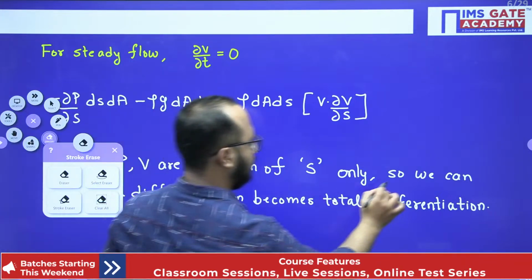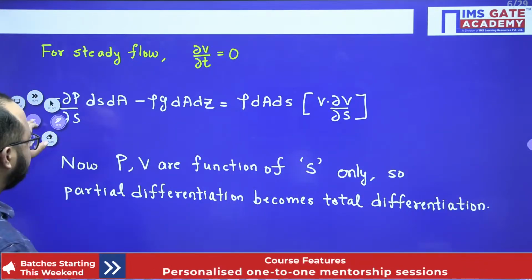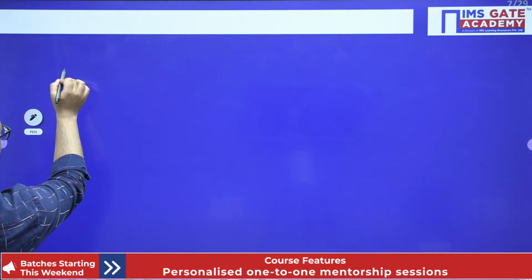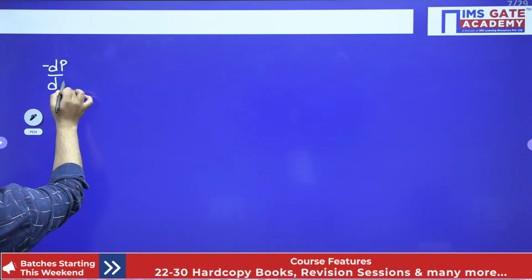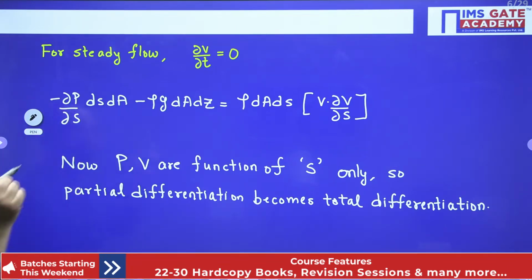Now we'll write it in the next step. So dou P by dou S becomes minus dP by ds. Correct? Whatever dou P by dou S was written, it is now becoming dP by ds.